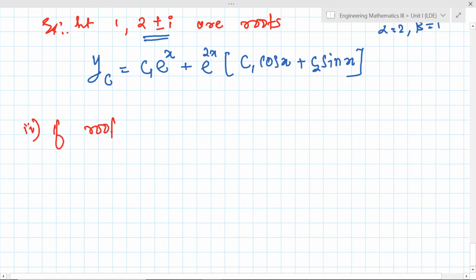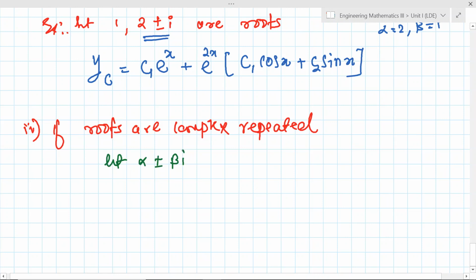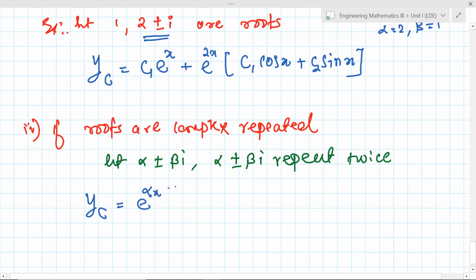So fourth case, if roots are complex repeated. This is a very easy case like the previous one. Let alpha plus minus beta i, comma, alpha plus minus beta i repeat twice. Then what is my complementary function in this case? So my yc is equal to e raised to alpha x as it is.